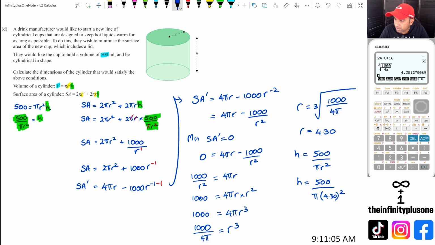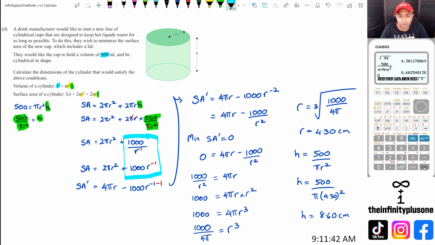So I've got another fraction here, 500 divided by pi times answer squared. And that's going to give me a height of 8.60 centimeters. I guess the tricky part, I think people kind of find it challenging, was this right here.